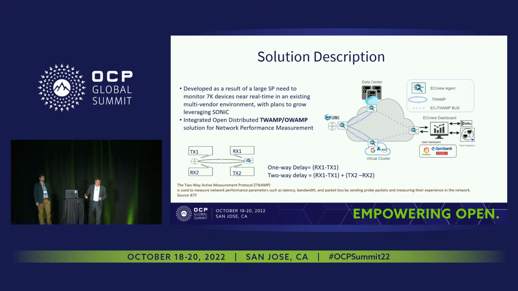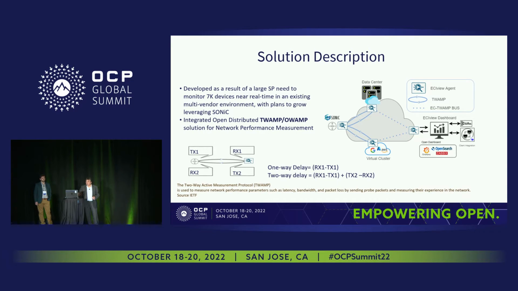As Hassan mentioned, really this came to life as a result of a large SP in Canada that was looking to monitor 7,000 devices near real time, trying to get an idea of their cell tower latency in almost real time. And so what we decided was to look at a platform that would integrate the open distributed TWAMP and OWAMP solutions out there.